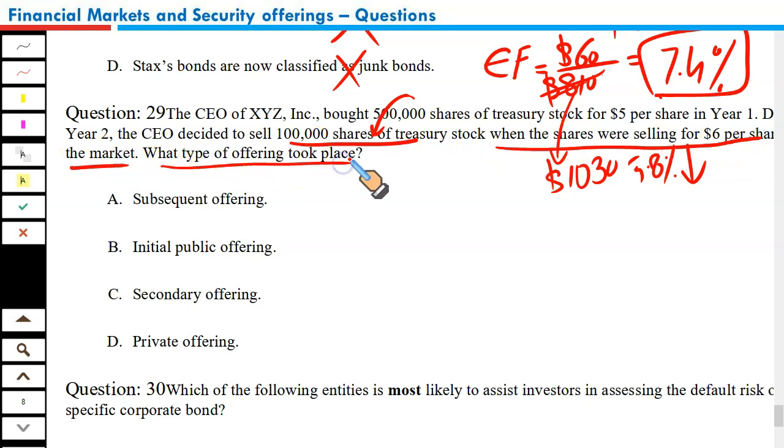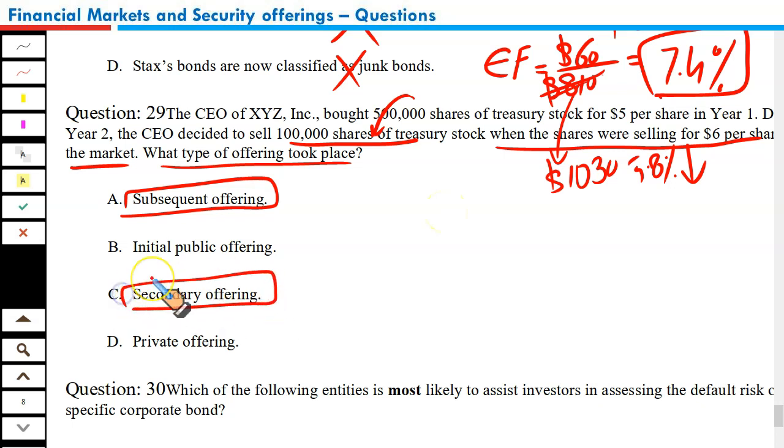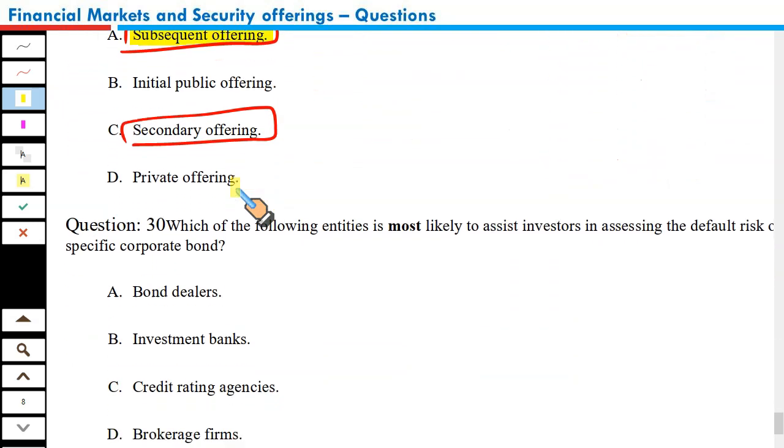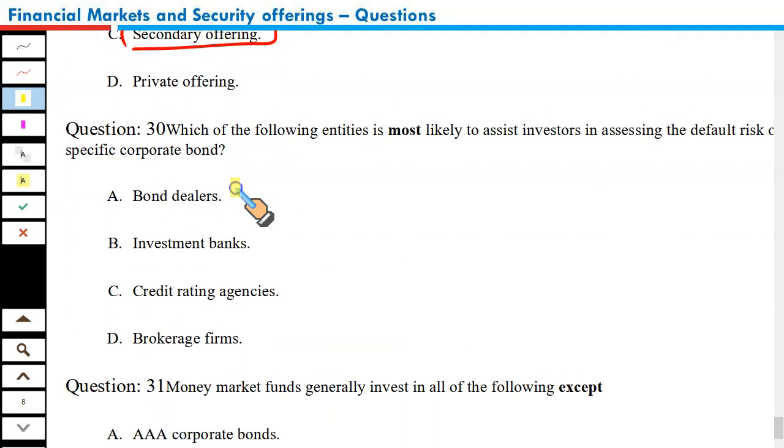What type of offering is it? I just told you a little while ago. If you are selling shares out of the treasury stock, it is called subsequent offering. But if you are issuing fresh shares out of your authorized shares, it is called secondary offering. So in this case, since the shares are being issued out of treasury stock, which are the stocks you purchased from the market, it's going to be a subsequent offering.